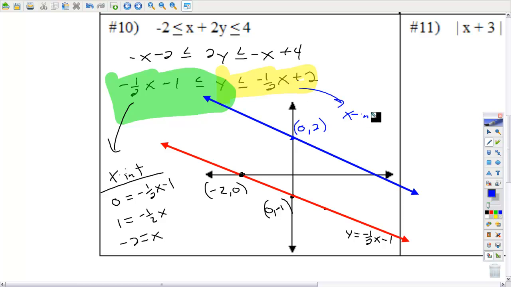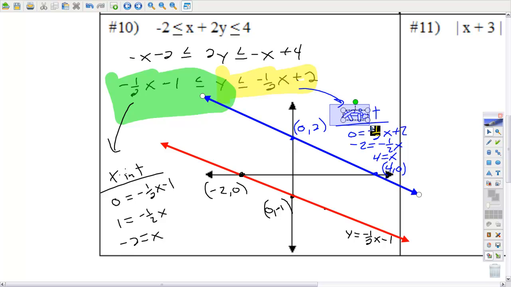Its x-intercept, put a 0 in for y into the boundary. You're going to get an x-intercept of 4.